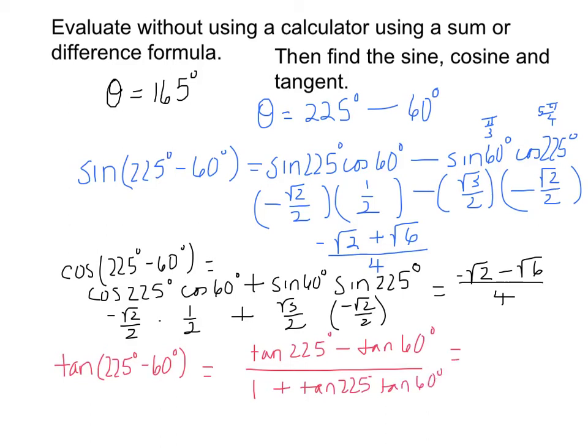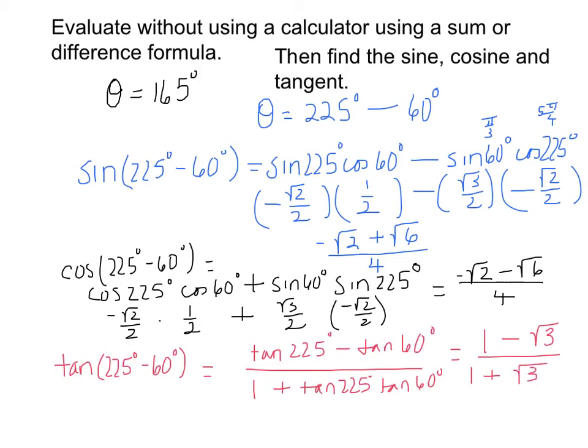Okay, and you're going to write your answer in the exact form. So the tangent of 225 is just 1 minus the tangent of 60. 60 is pi over 3, so that'll be square root of 3. And then I've got 1 plus the tangent of 225 is 1 times the tangent of 60. So that would be this.